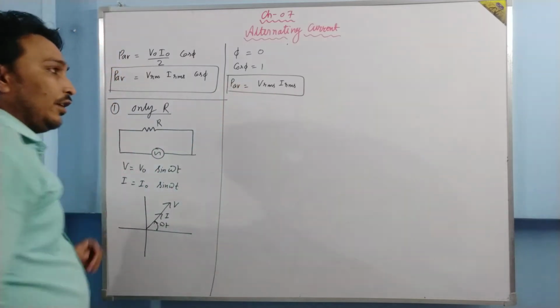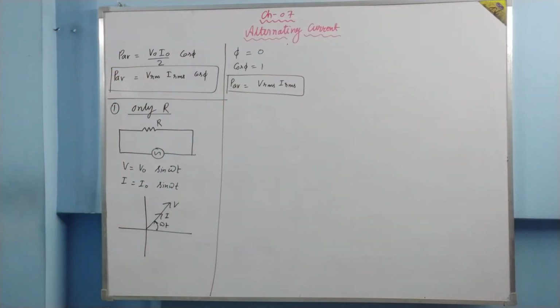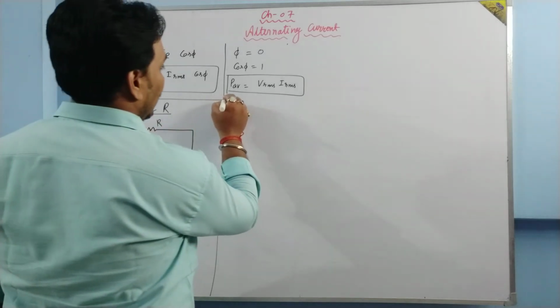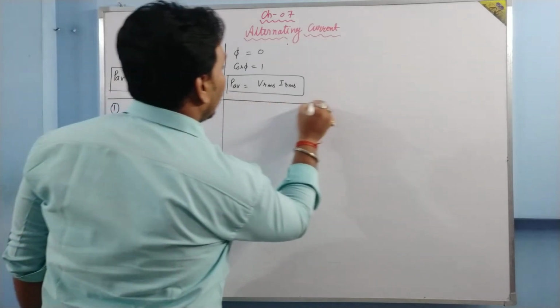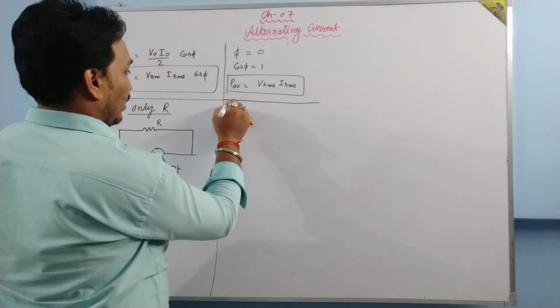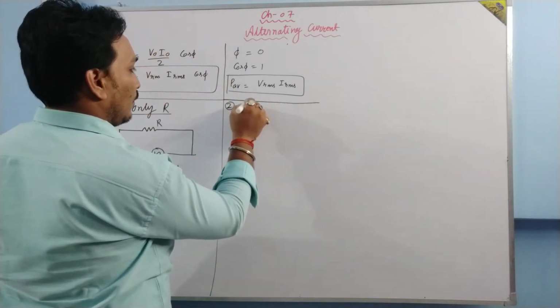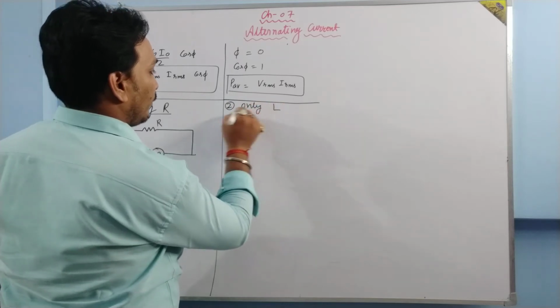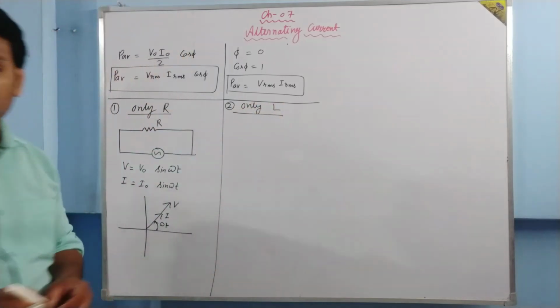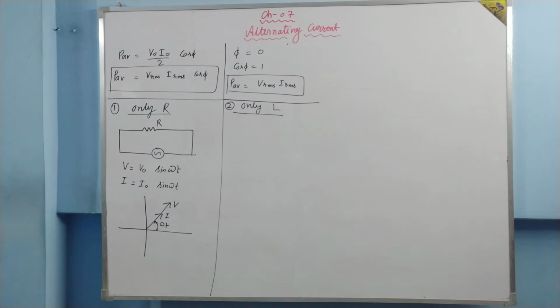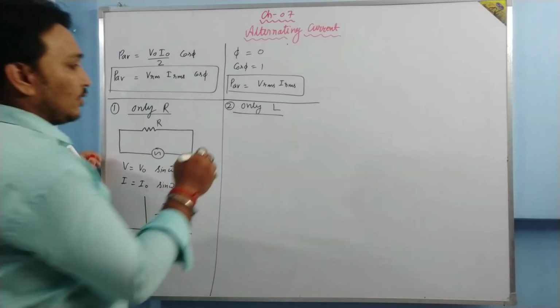When the circuit contains only R, then we have average power is equal to VRMS into IRMS. Now come to the second: circuit containing only L. In this case, how is the circuit? The circuit is like this.